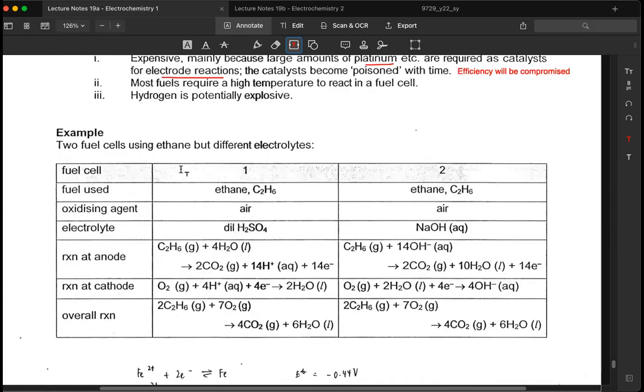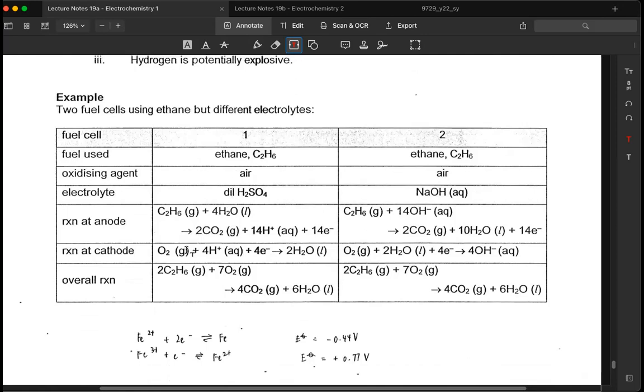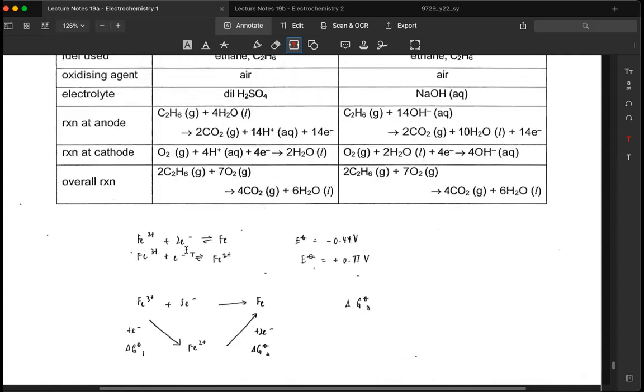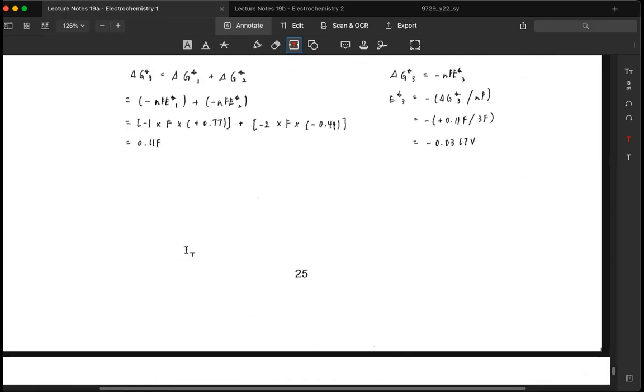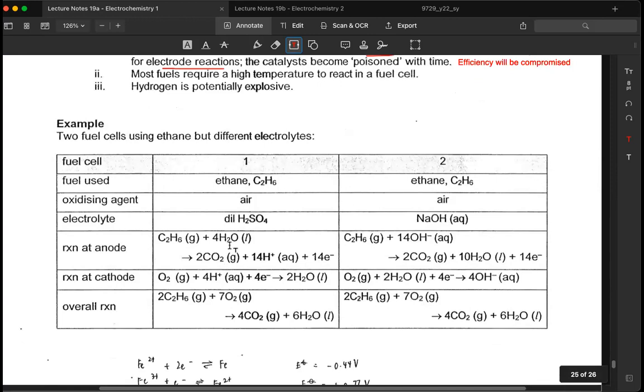Okay. Then, a second fuel cell using ethane, but different electrolytes. So just more examples. If you use ethane, the electrolyte is H2SO4. So at the anode, there's no need to give the E0 value. You just have to write the equation.